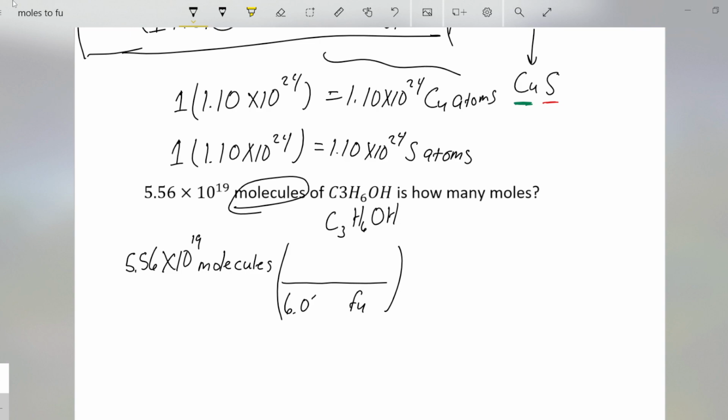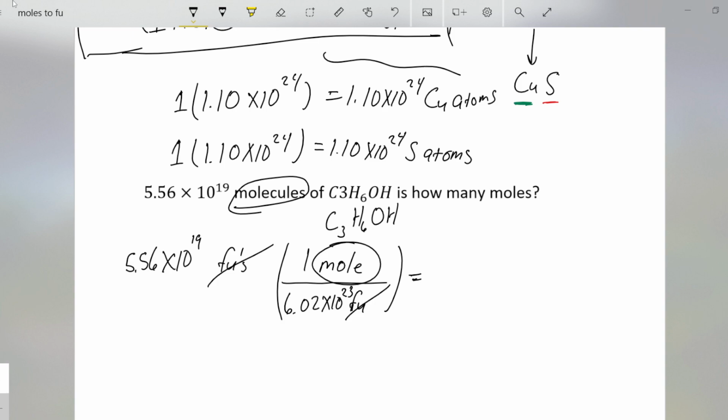Well, 6.02 times 10 to the 23rd does. On top, I put 1 mole. And we can maybe replace molecules with FU as well so that it matches. Our FUs cancel. We are left with moles, but that's where we're trying to go, back to Mole Island. And so this is basically dividing 5.56 times 10 to the 19th by 6.02 times 10 to the 23rd.